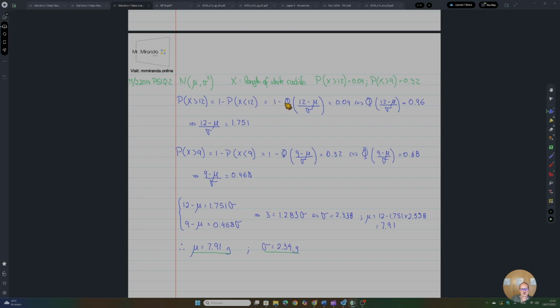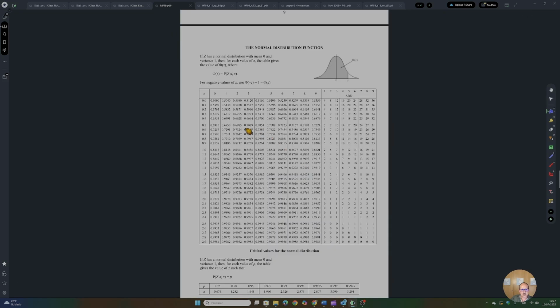All right, so this is 1 minus phi of (12 minus the mean) over the standard deviation, the things that we want to know. So this alone is going to be 1 minus 0.04, that is 0.96. So you already have the probability, and you are going to use the table to work it back.